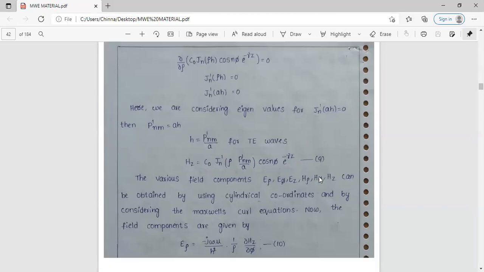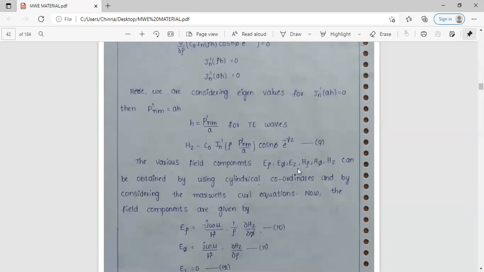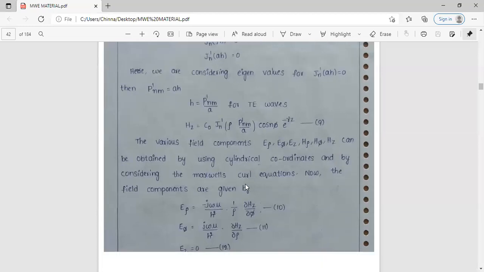So the variable field components Eρ, Eφ, Ez. In the coordinate system earlier we took Ex, Ey, Hz, Hx. So here we consider Eρ, Eφ, Ez. Hρ, Hφ and Hz can be obtained by using the cylindrical coordinates.